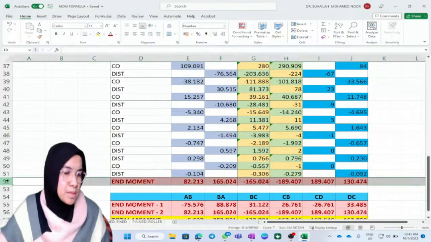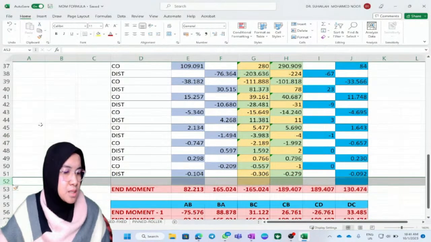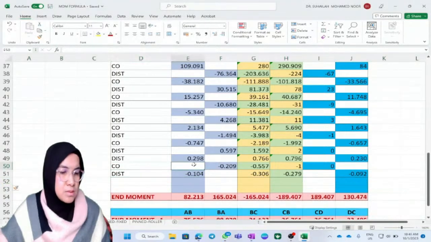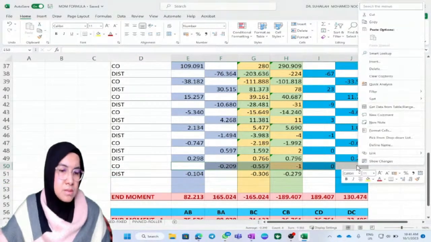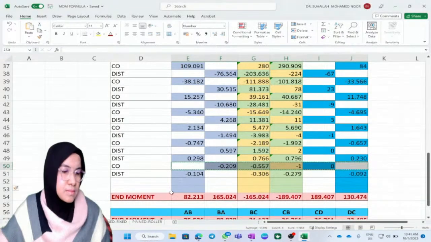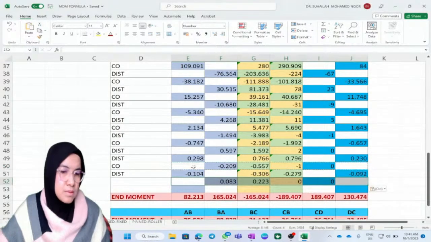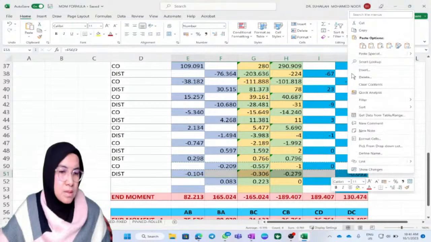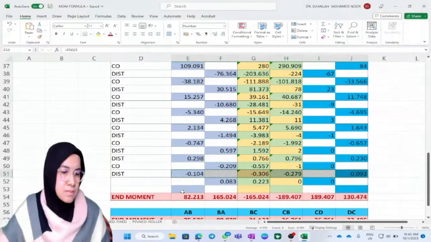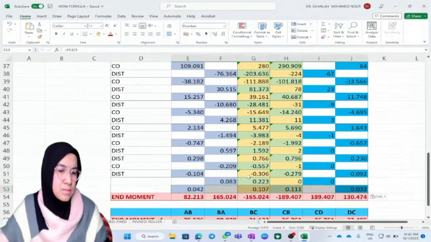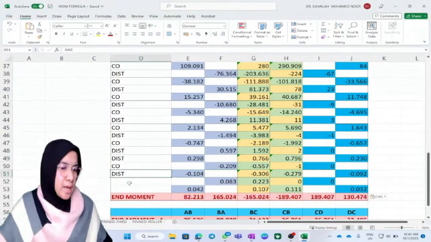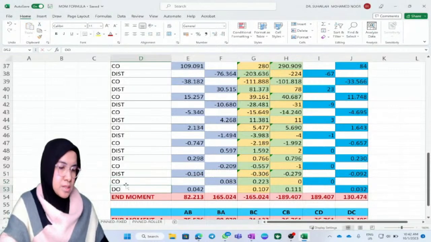Maybe another cycle. Okay, carry over, distribution. 0.1, then stop. Okay, carry over, distribution.